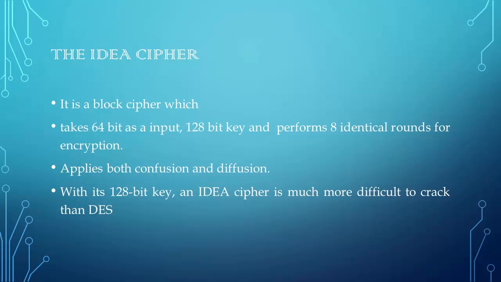It applies both confusion and diffusion properties. Just to recap, confusion has to do with the relationship between the key and the ciphertext, and diffusion has to do with the relationship between the message and the ciphertext.